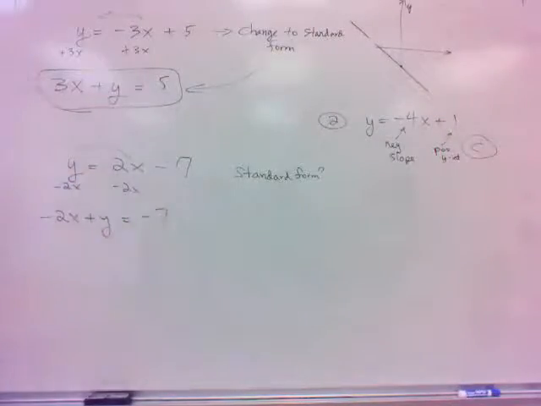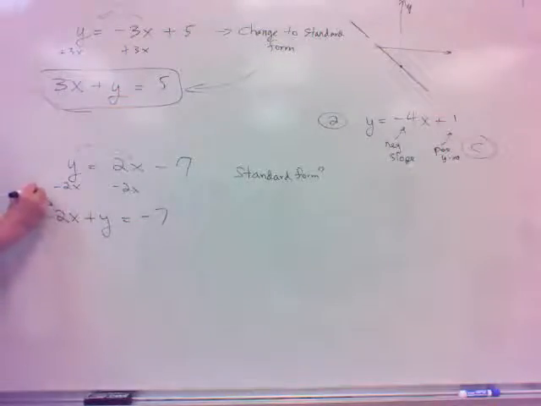Now, here's a bit of a technicality, I guess, but they usually also want the x term to be positive. So how could I make this x term positive? There's a couple ways. Yeah, divide everything by negative 1.